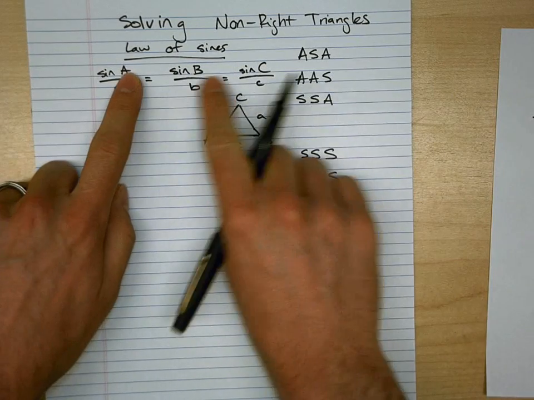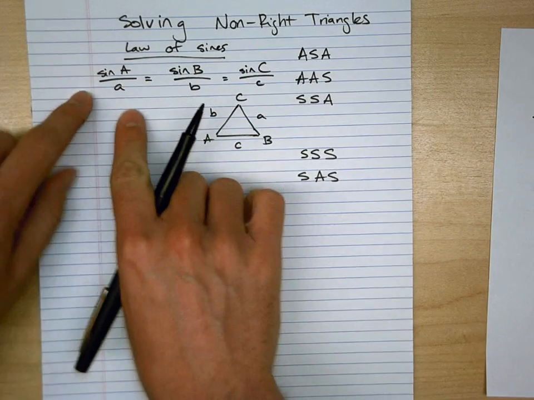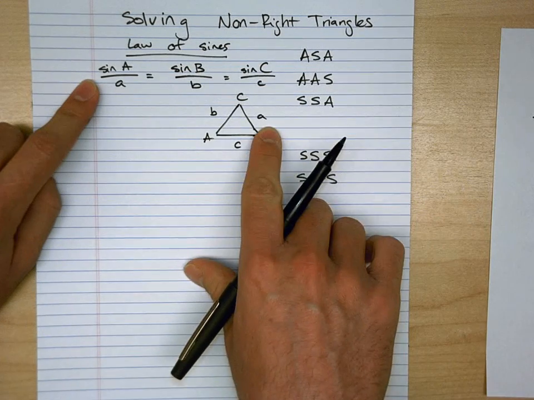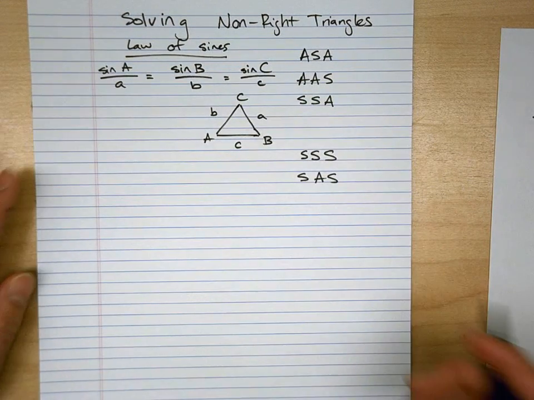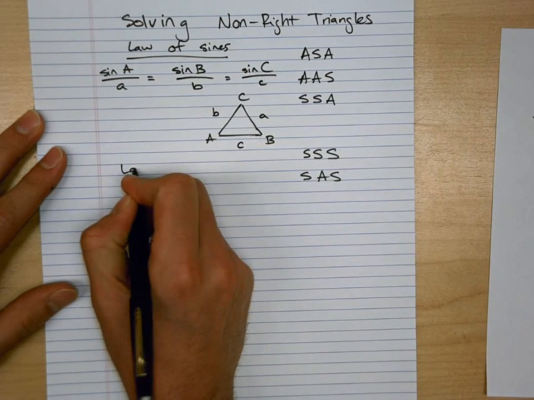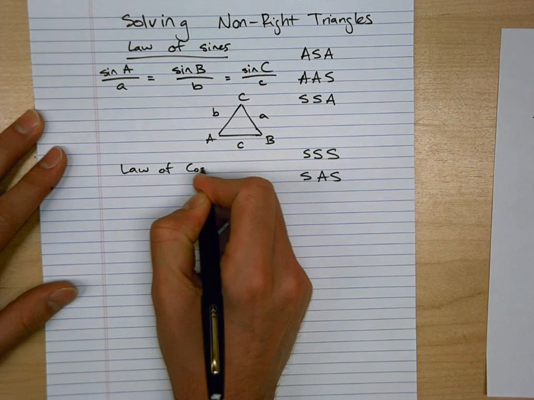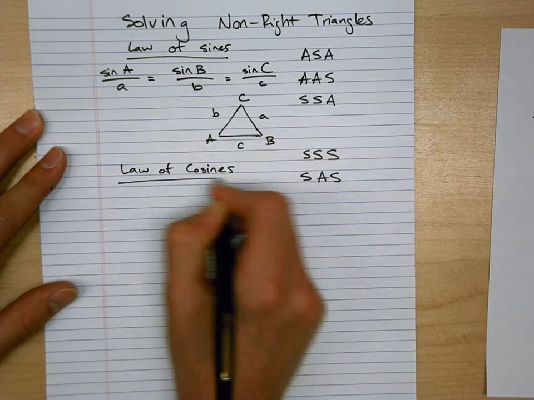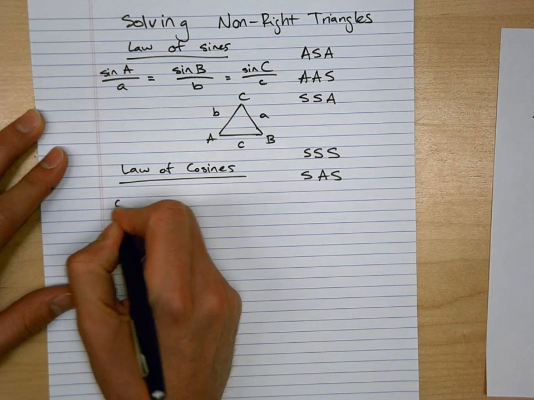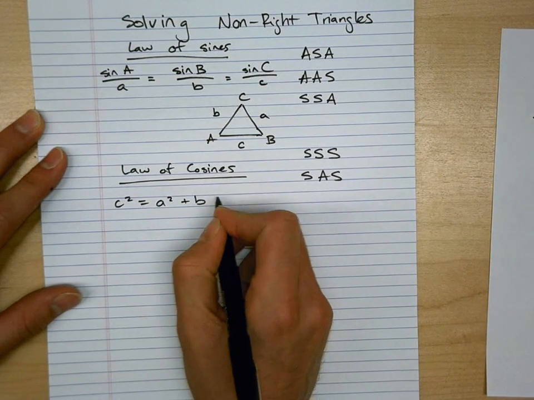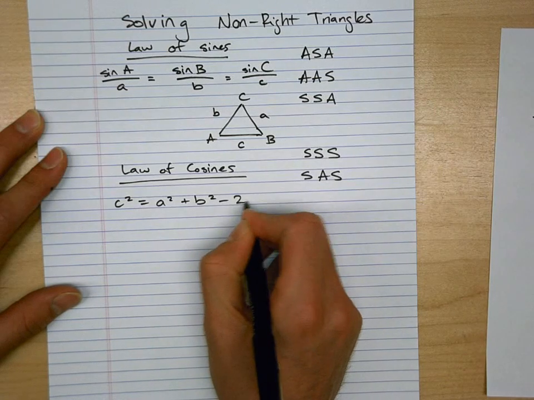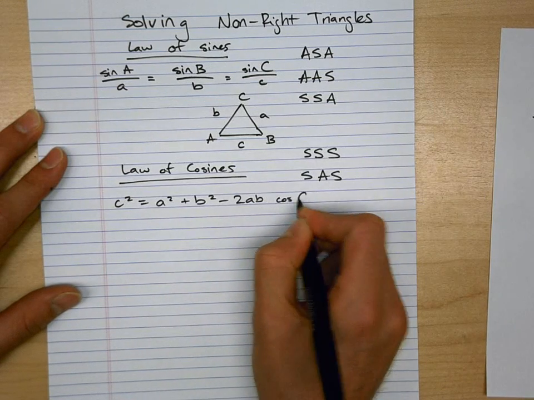So this is sine of each of these angles divided by the side opposite of that angle. These ratios are always going to be the same. The law of cosines is what we'd use for solving these cases down here below. And this basically says c squared equals a squared plus b squared minus 2ab cosine C.